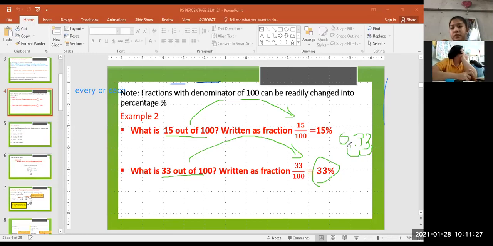So vice versa, if that is the decimal point, 0.33, you start from the decimal point and move 2 places to the right. That is 1, 2. So there's your point there, and then you are just going to add the percent symbol.